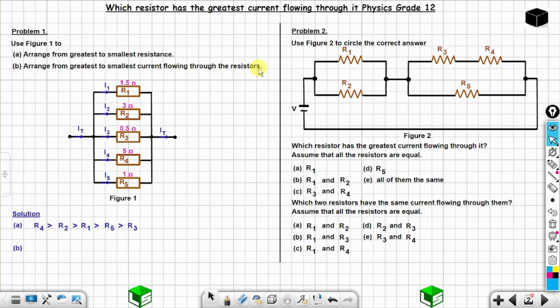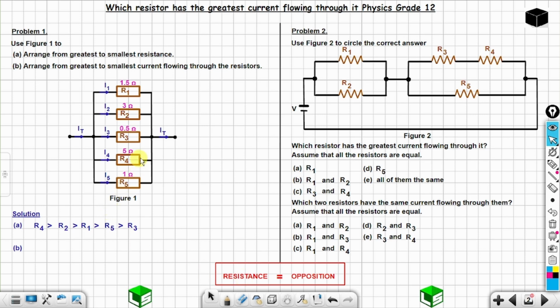So remember, resistance is the same as opposition. The greater the opposition, or the greater the resistance, you are going to have a smaller current flowing through the resistor.